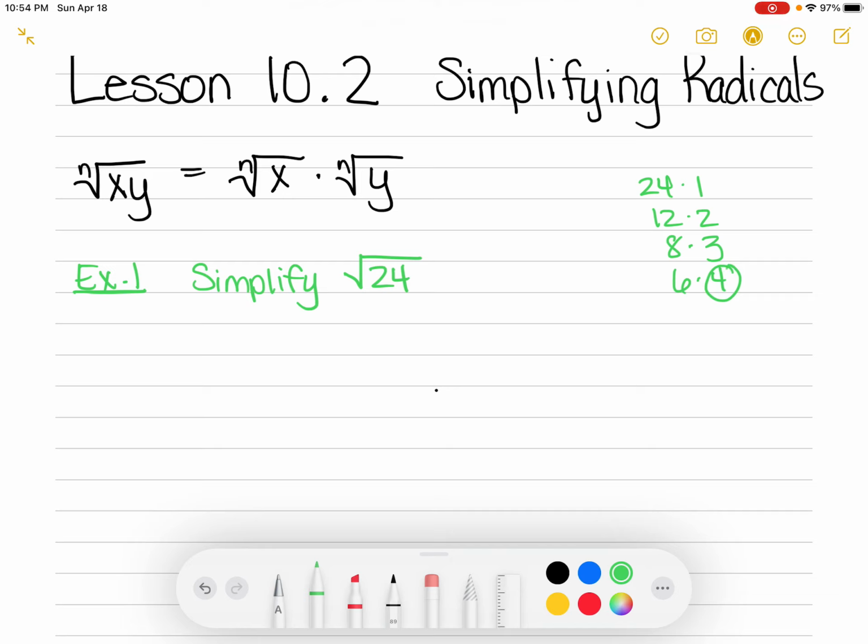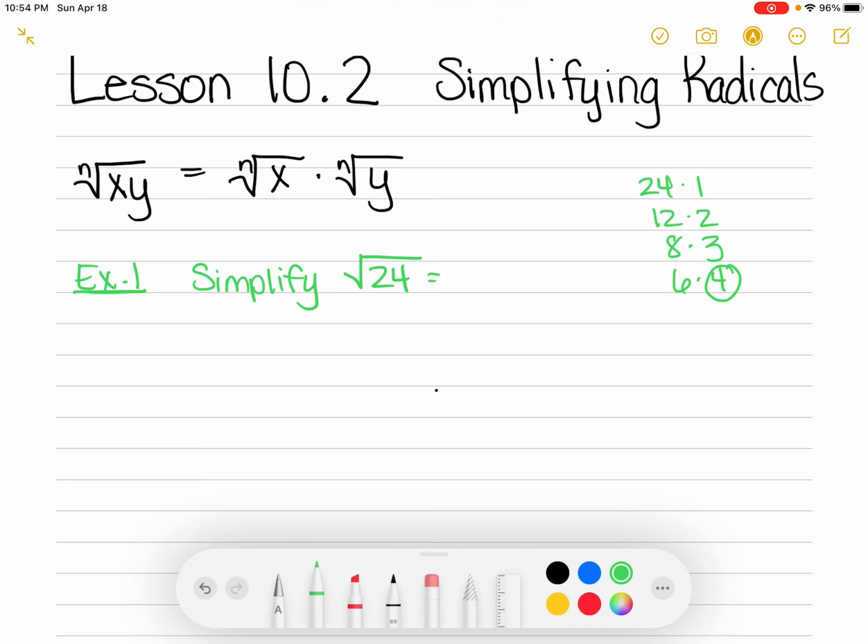Okay? So in my head, I'm not doing all this on paper except to show y'all. This is what's going on in my head. So I want you to see what's going on in my head. I'm thinking of all the things that multiplied to make 24, right? And then I'm trying to find the one that has a square in it. So 4 is a square, right?